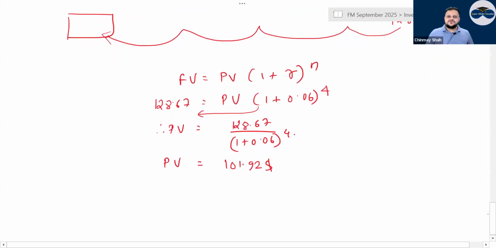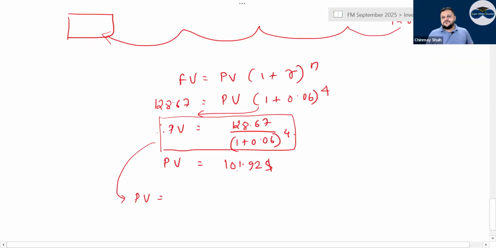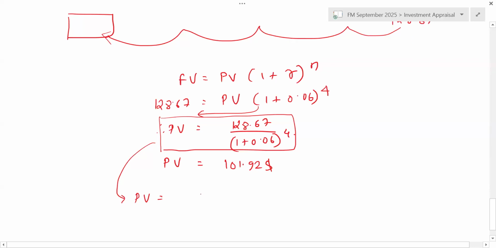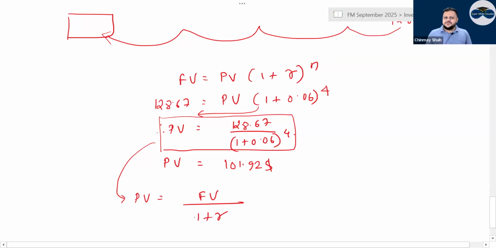So if I have to derive a formula for present value, have a look. Present value is equal to 128.67, which is the future value, divided by 1 plus r, where r is the interest rate or discounting rate, raised to n. Is this okay?